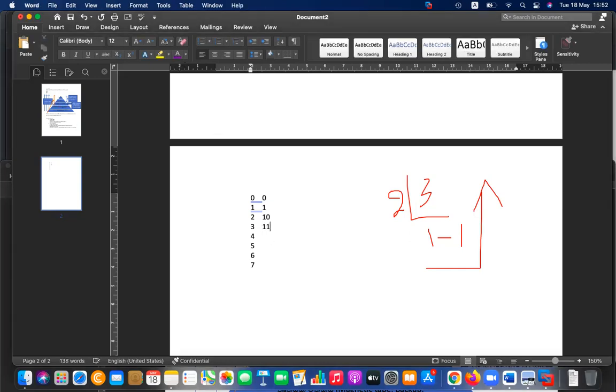What is 4? 4 in binary. 100. 5 in binary.